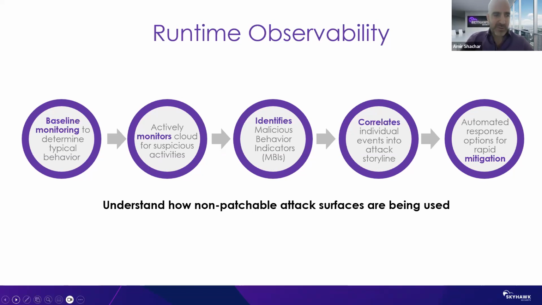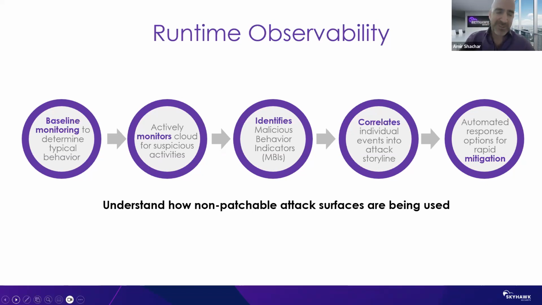And we also have rules that help us decide what kind of abnormal behavior can be considered malicious. We call these machine learning based rules malicious behavior indicators, or MBIs, which is like the first layer of machine learning that we're using.